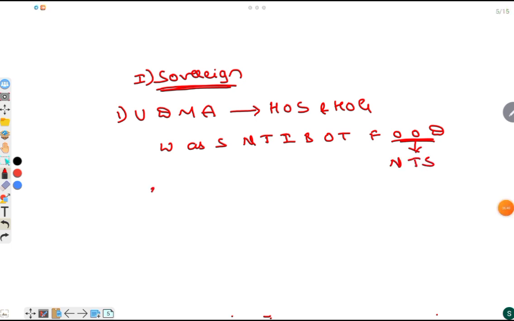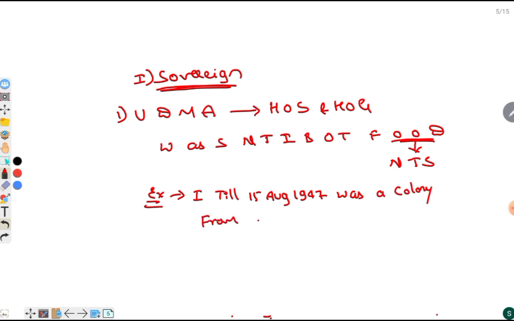For example, India till 15 August 1947 was a colony, and from 15 August 1947 to 26 Jan 1950, India was an independent state with dominion status. What exactly does dominion status mean?